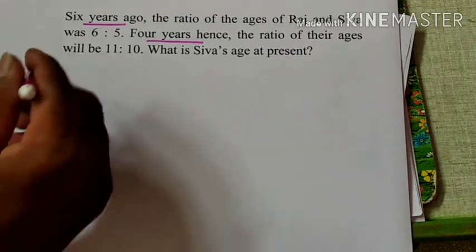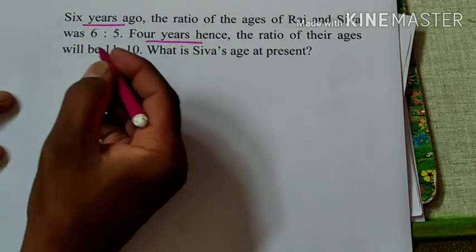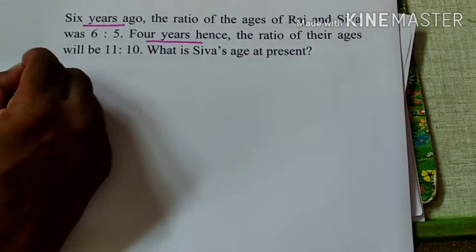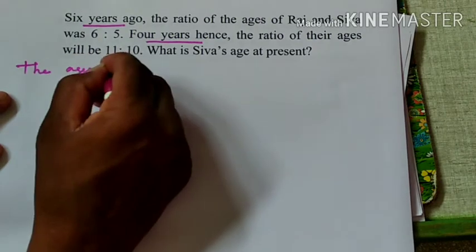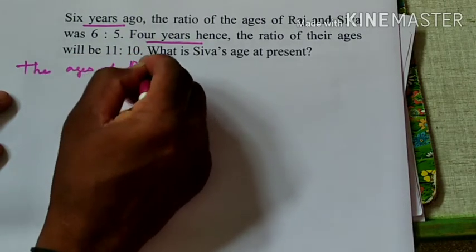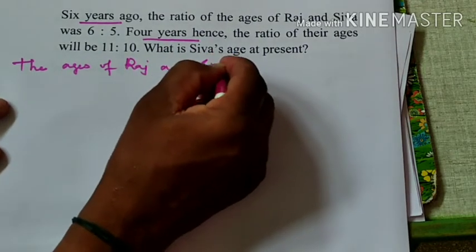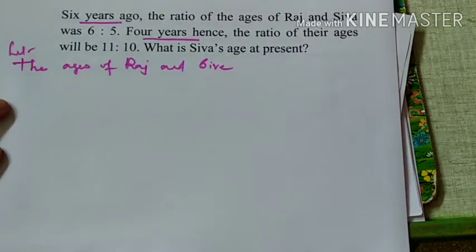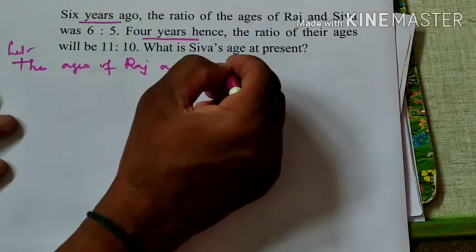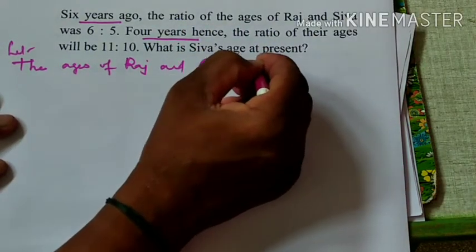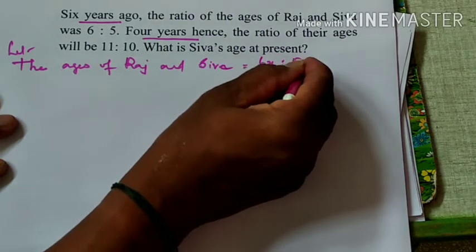Now, we assume initially the ages of Raj and Siva. Let the ages of Raj and Siva be in the form of 6x and 5x.